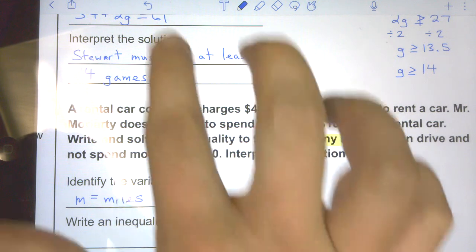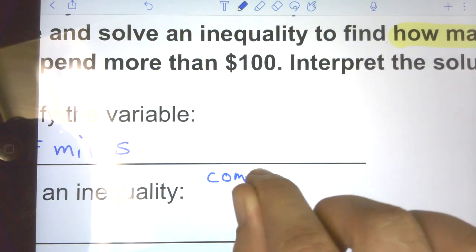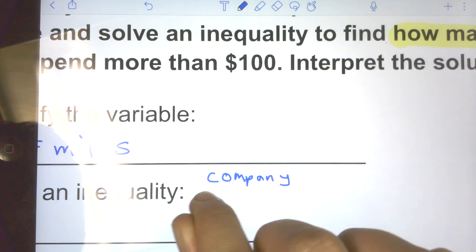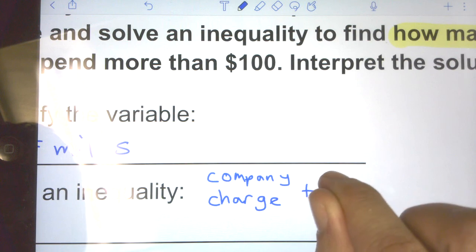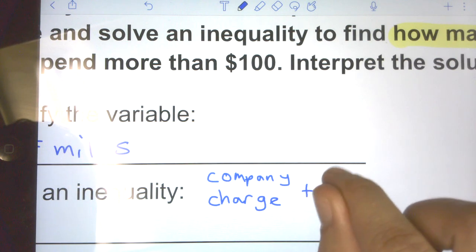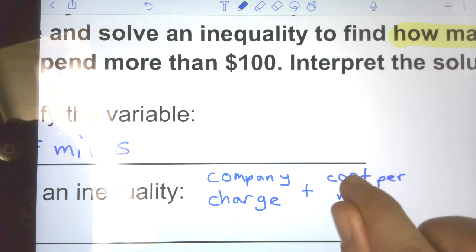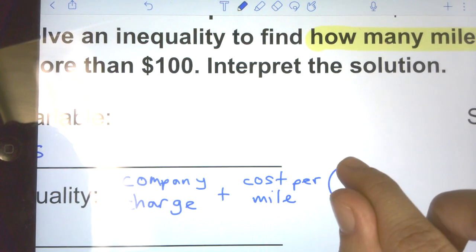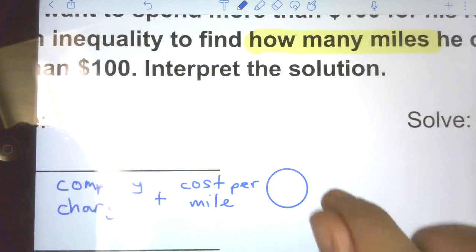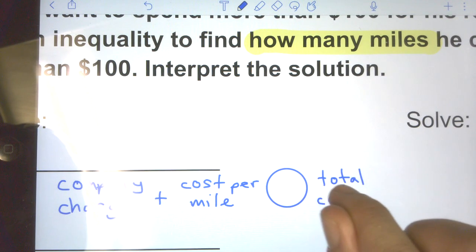So we've got the company charge, and to that, we're going to write the charge per mile or the cost per mile. I'm going to go ahead and draw a big old circle so I can put my inequality sign in it, and this is going to be the total cost.